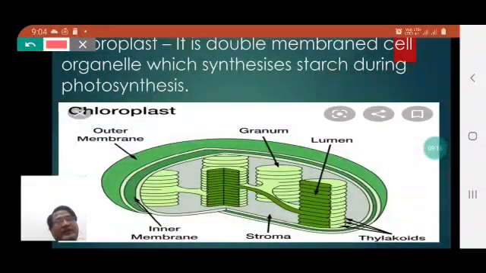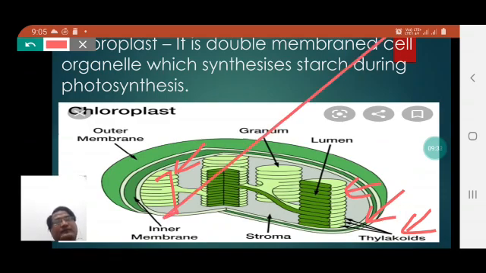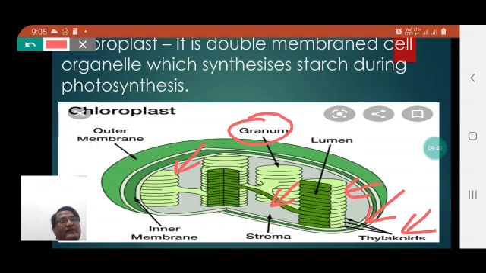A single disc-shaped structure, which you can note here in the lower part of the slide where it is written thylakoids, is called the thylakoid, and the collection of thylakoids is called the grana. Students, stroma is the semi-jelly like fluid substance which is present in the chloroplast.